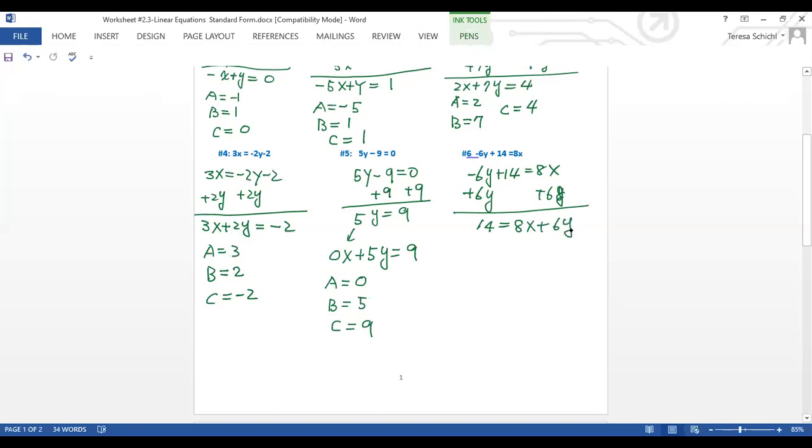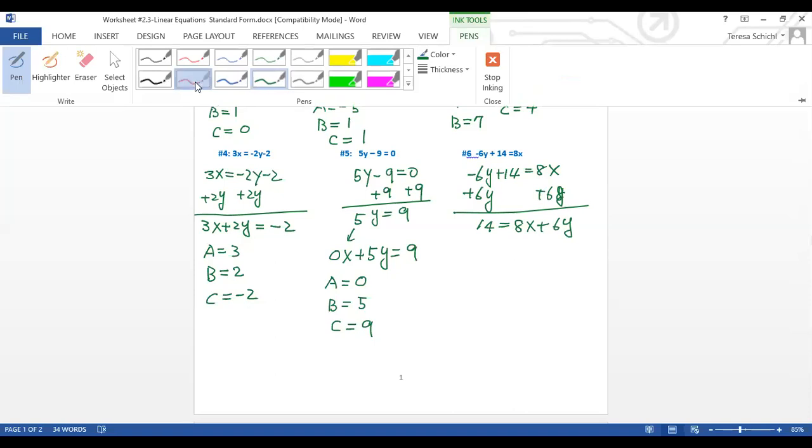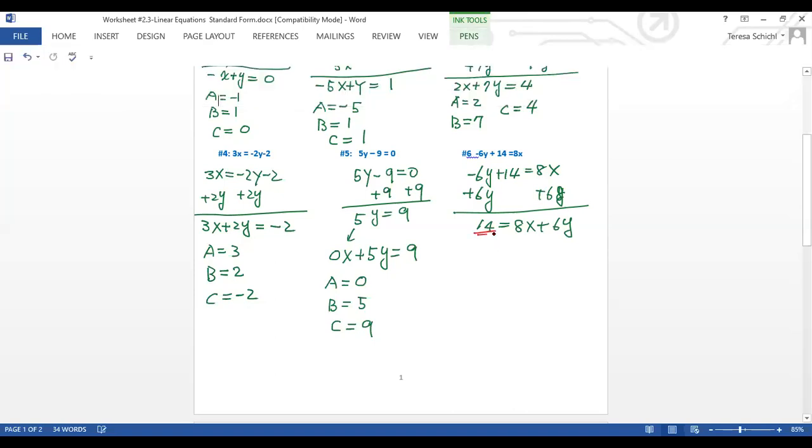Then don't say, oh yeah, this is the standard form, because if you take a look at the coefficients in front of the x and the y, the greatest common factor is not 1. Why? Because all of them can be divided by 2.